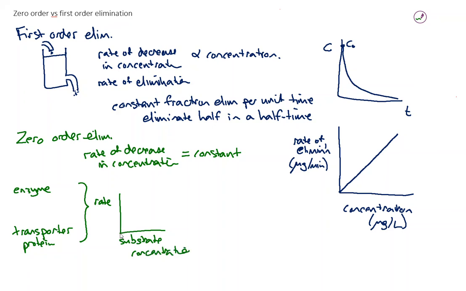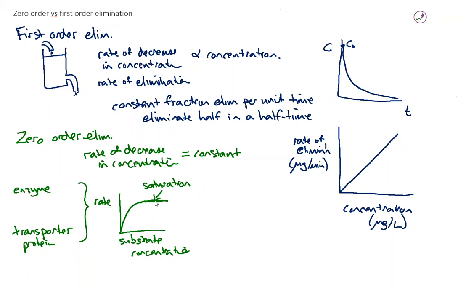As the substrate concentration increases, the rate increases, but then it levels off, because at this point you've reached saturation. All of the enzymes or all of the transporters are now occupied with the drug, and the rate can no longer increase. So the rate is then a constant.